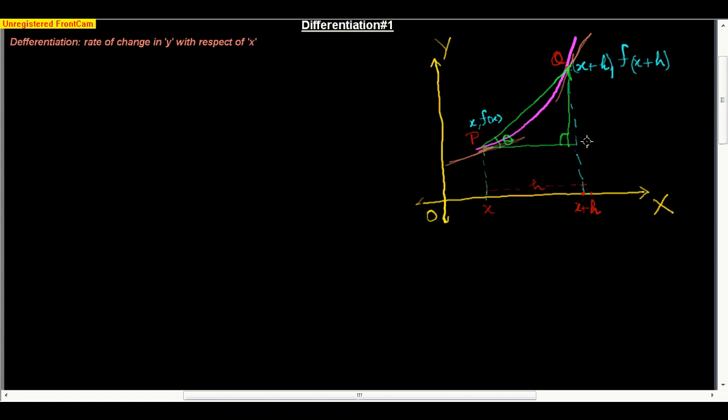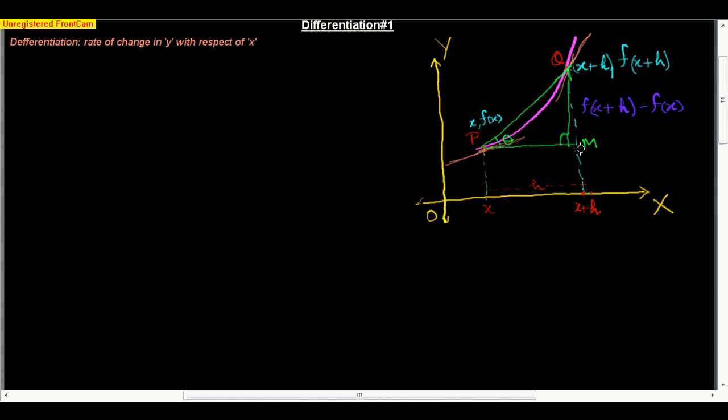This is point M. So QM is equal to f of x plus h minus f of x, because from here to here we get f of x plus h, and from here to here we get f of x.